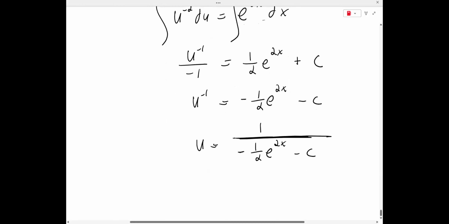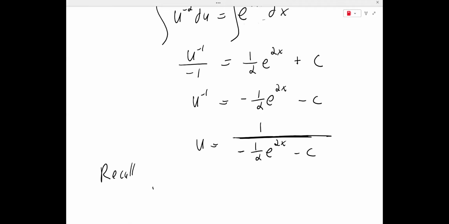So finally then, now recall, that's the u, right? So we found a u that makes that work. So recall then that y is equal to u times e to the x.